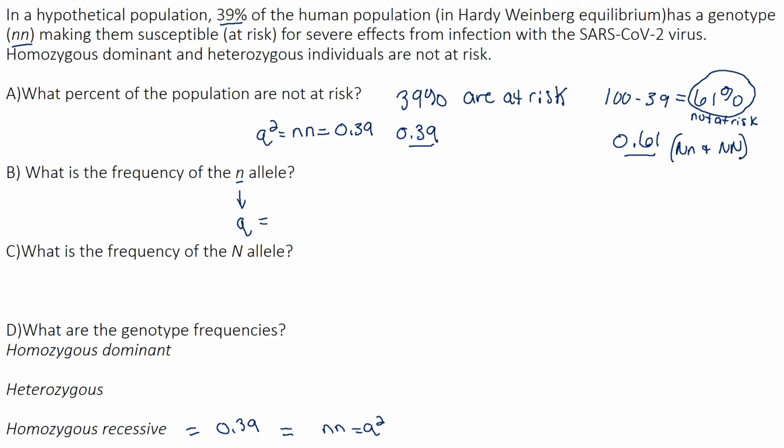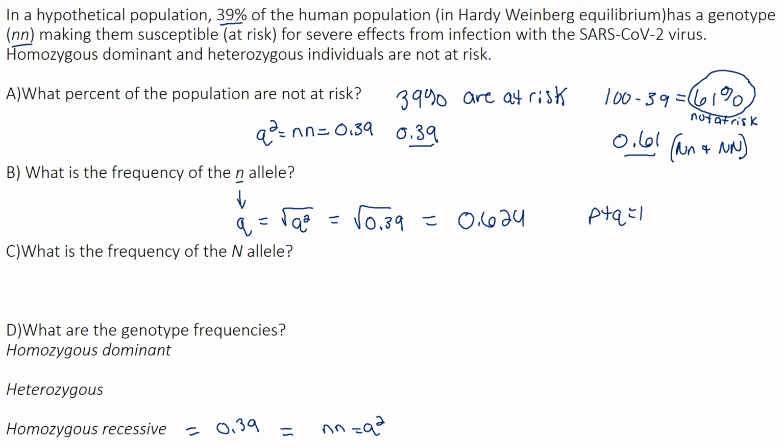So now you want to take the square root of q squared, which is the square root of 0.39, which is, let's see here, what did I calculate that? That is 0.624. So we know q.